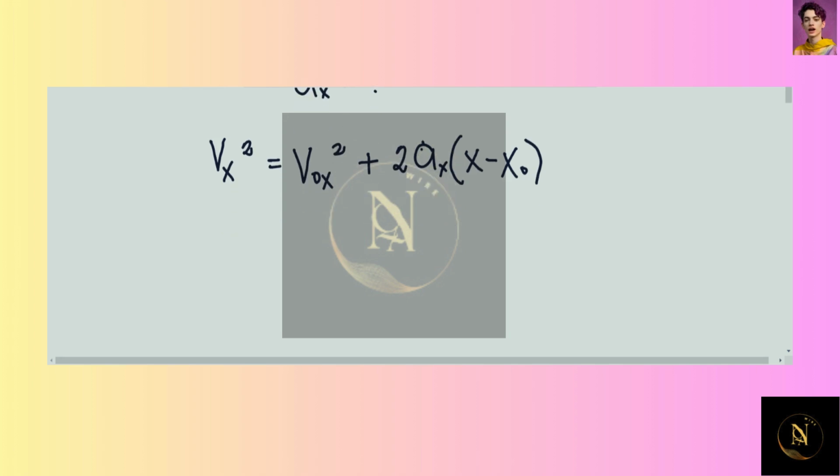Since what we need is a sub x, we will isolate it on the left side of the equation. So a sub x is equal to v sub x squared minus v sub naught x squared over 2 multiplied by the difference of the final and initial distance.